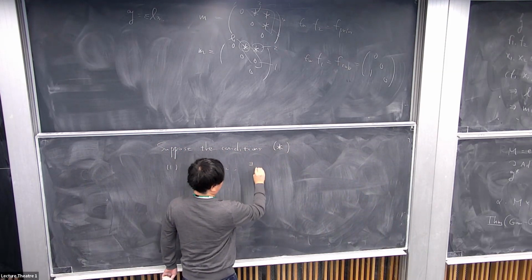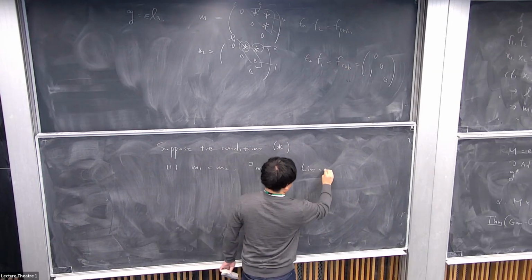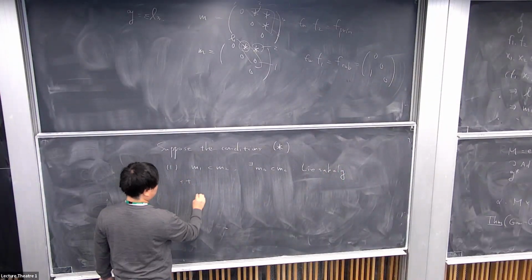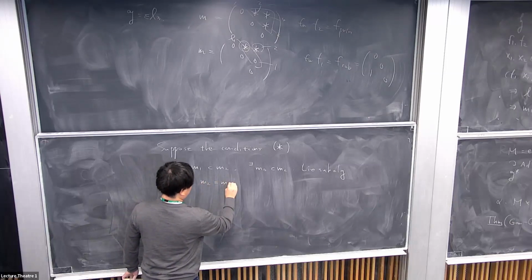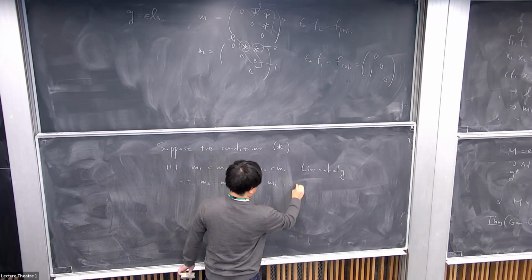And also there is M0, a reductive algebra, such that M2 equals M0 plus M1. And also I need to assume that M1 is an ideal.